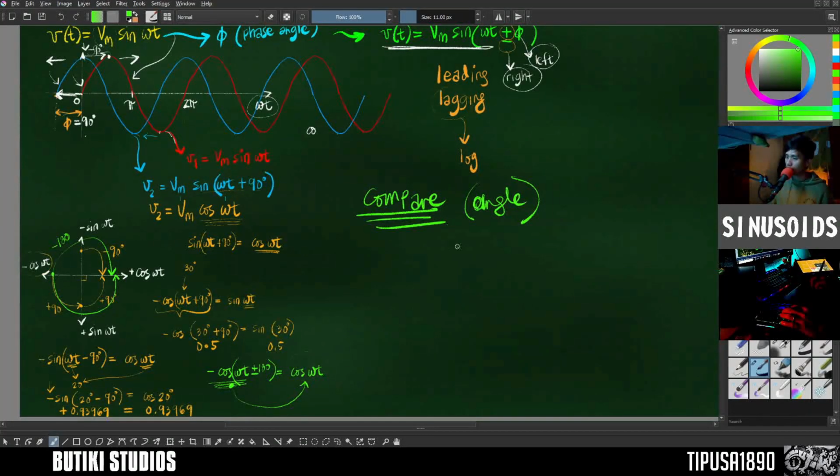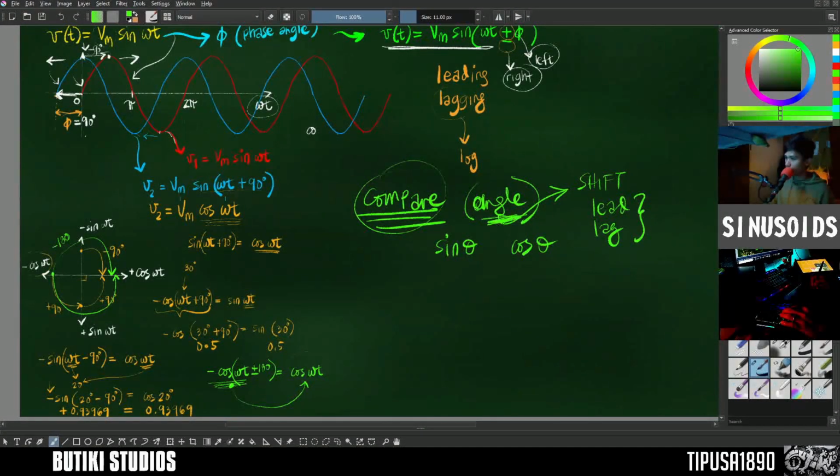Di nato basta-basta compare ang angle if ang isa sine, ang isa cosine. When you mean by angle also, this is the shift angle or kinsa ang nag-lead, kinsa ang nag-lag. So gi-compare nato ang iyang angle para mahibaw-an nato og asa ang nag-lead, asa ang nag-lag. But dili nato na ma-compare if dili sila parehas og function.